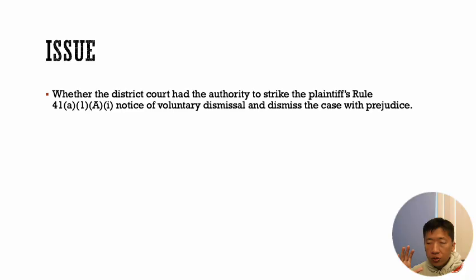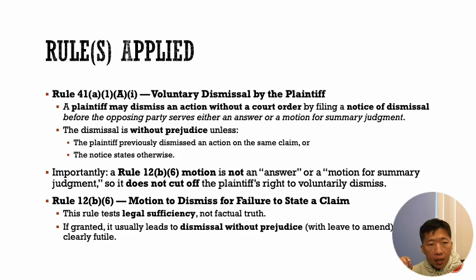The issue we're going to discuss today is whether the plaintiff has the right to file a notice to dismiss the case voluntarily without the court's discretion. The applicable rules in this case are, the first one, Rule 41(a)(1)(A)(i), voluntary dismissal by the plaintiff. So the rule governs in this way.